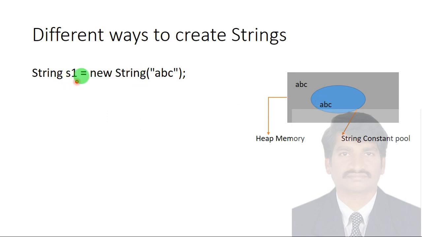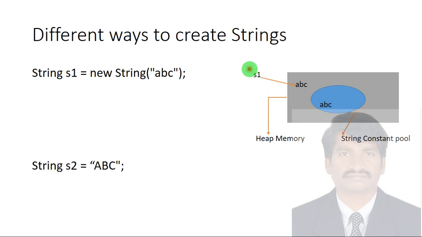But s1, the reference, will point to the object which is created in heap memory. When you are trying to create string s1 is equal to new string of abc, it will create two objects, one in heap memory, another one in string constant pool. But s1 will point to the object which is created in heap memory.